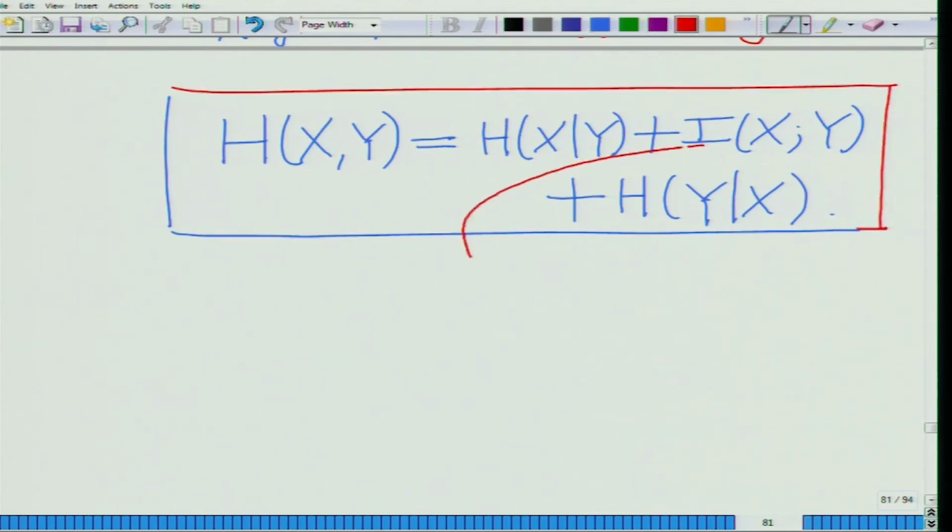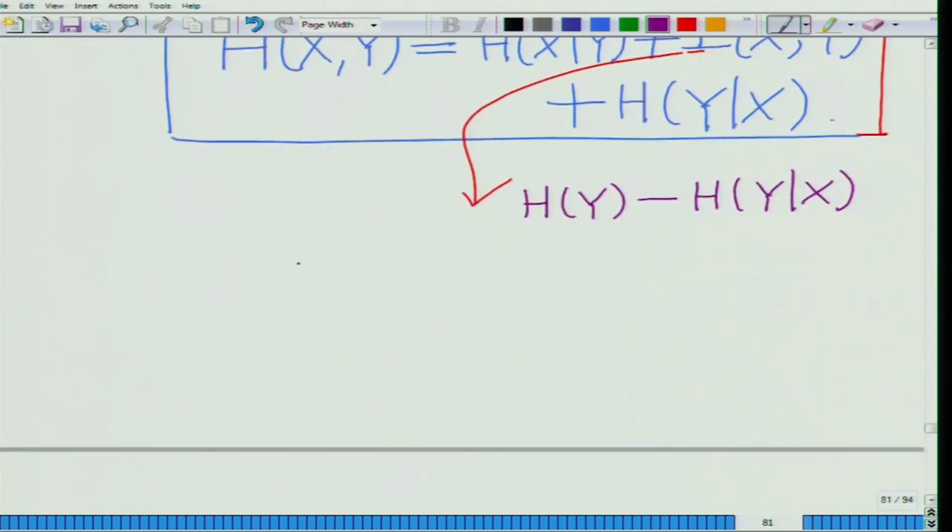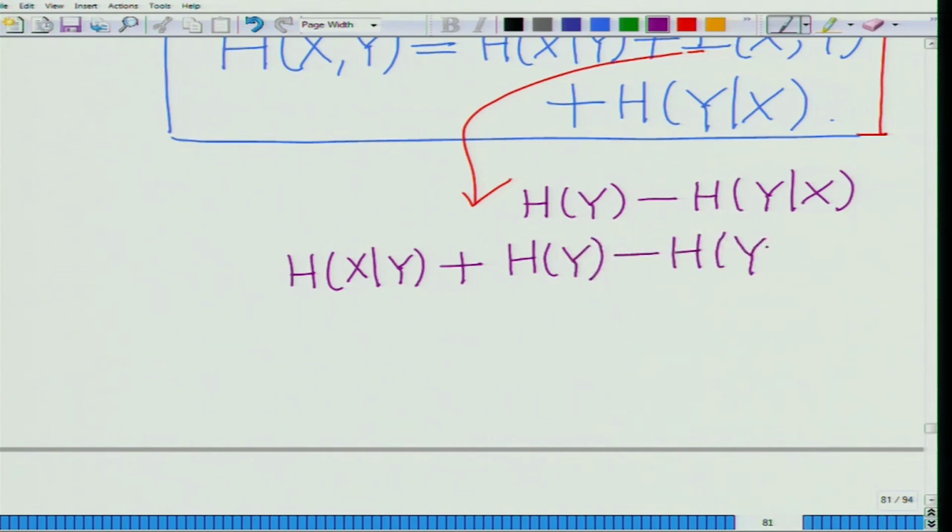For instance, I(x;y) is equal to H(y) minus H(y given x). So, substituting, we have H(x given y) plus I(x;y), which is the mutual information between x and y, which is H(y) minus H(y given x), plus H(y given x).